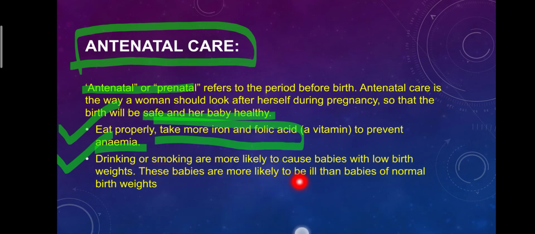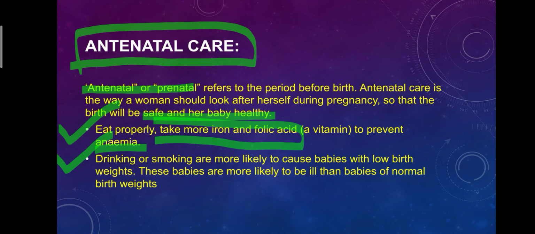These babies are more likely to be ill than babies of normal birth weights. So pregnant women should not drink alcohol or smoke, because they may deliver a baby with low birth weight, and these babies are more prone to infection or disease than babies of healthy birth weights.